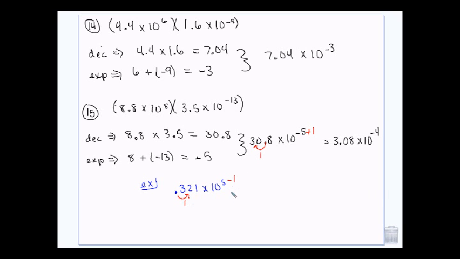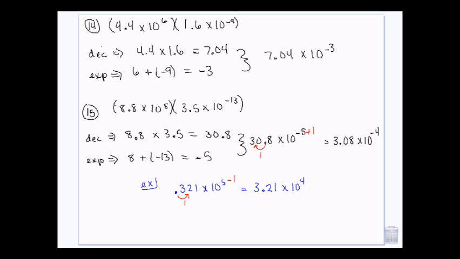If I move the other way, I have to subtract 1. So if I move the decimal this way, I add 1. If I move the decimal that way, I subtract 1. I don't know if there are any like that. We'll do number 16, and then I'll let you guys try 17 and 18.